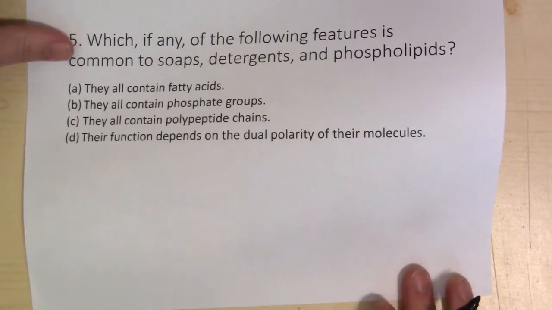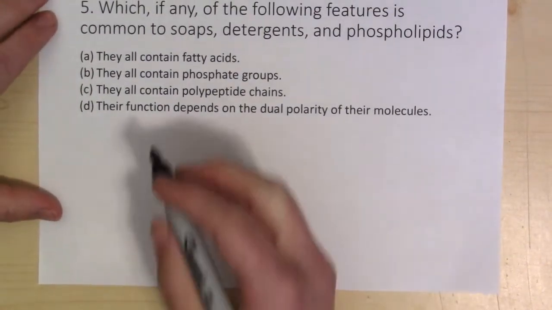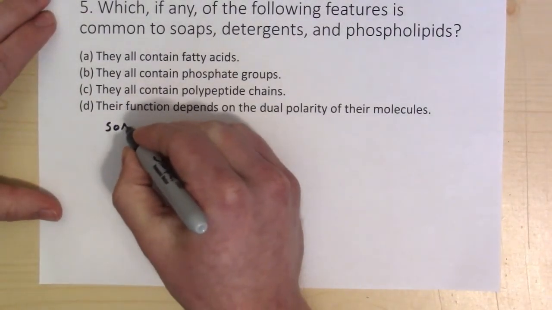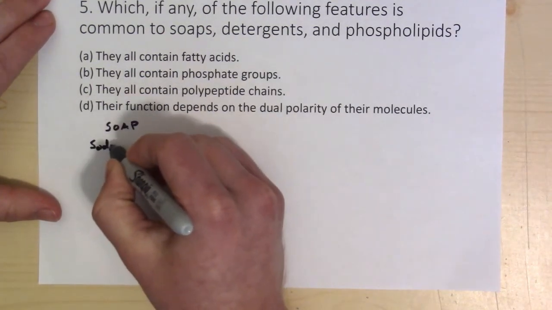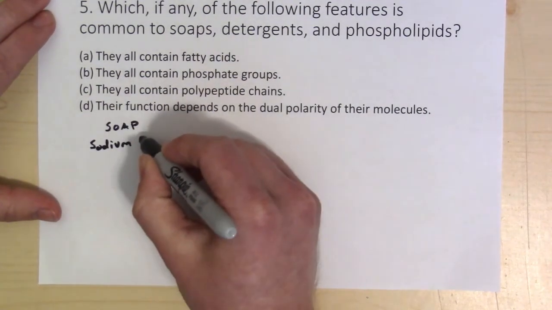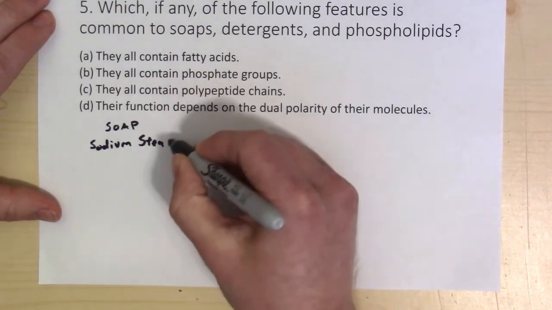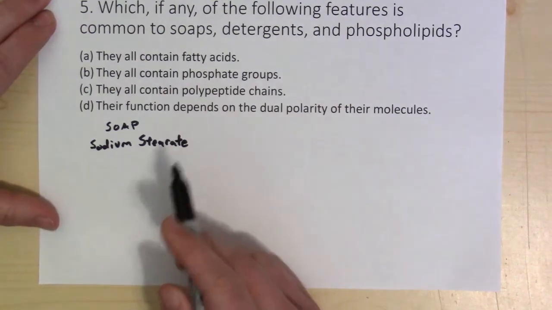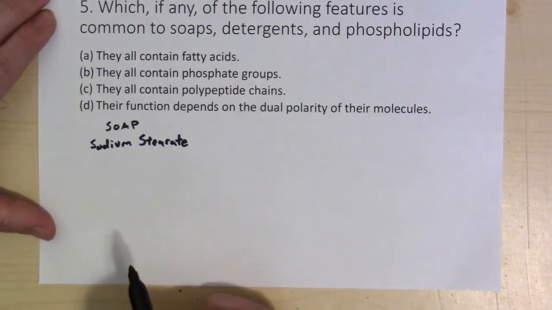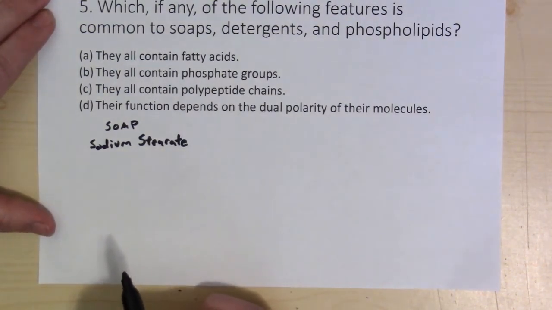So a soap, one example of a soap is sodium stearate. So this is a common soap that you probably have used before. So a stearate, it comes from stearic acid, so that is a carboxylic acid with 18 carbons.